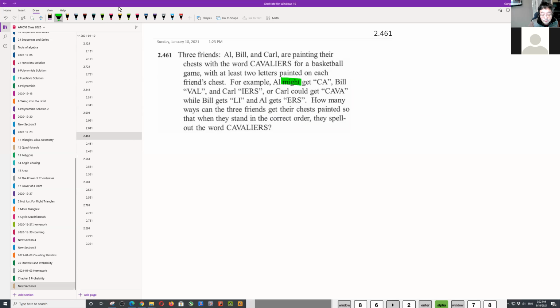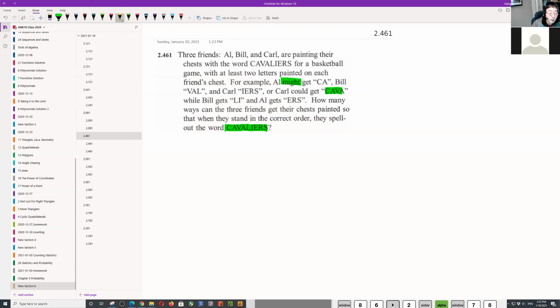So this is another arrangement, with Carl getting more letters. How many ways can the 3 friends get their chests painted so that they can stand in the correct order and spell the word Cavaliers?